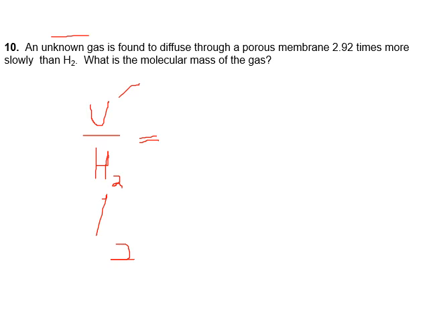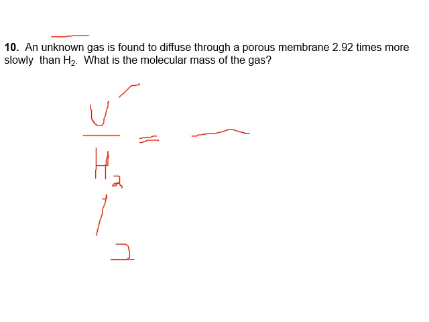And so on the right hand side, we're going to write a fraction, but we're going to put the diffusion rate for the U thing. I'm trying to remember how this is supposed to work. The reason this is confusing me is because I'm used to doing this for velocities.